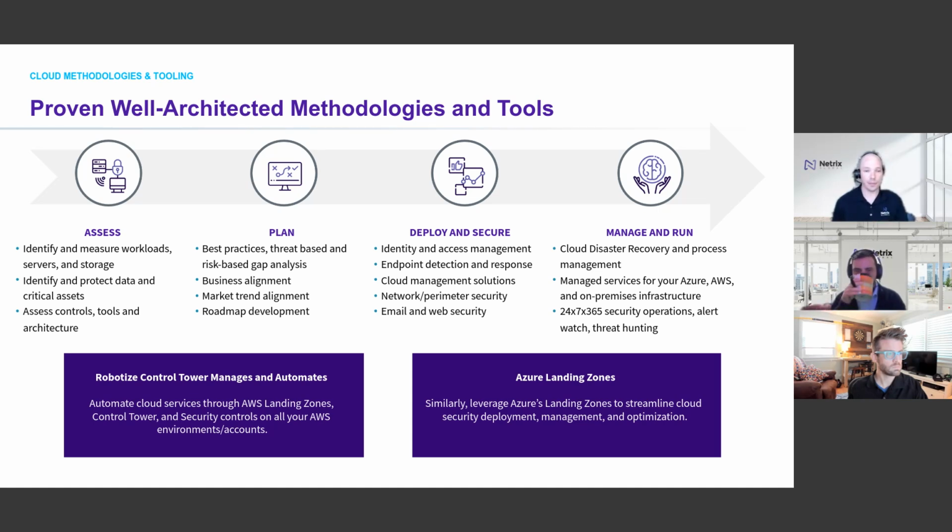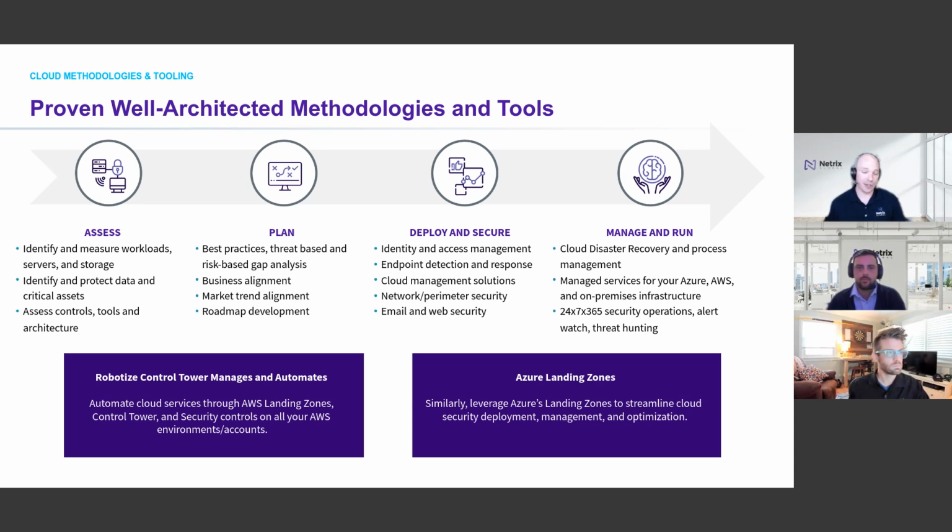We also have a couple offerings down at the bottom if you are interested in implementing the well-architected framework for either AWS or Azure. We have what we refer to as our robotized control tower, which is our capability of automating and essentially putting guardrails around an AWS set of accounts and ensuring that what you do deploy into AWS matches those five pillars as best as possible.